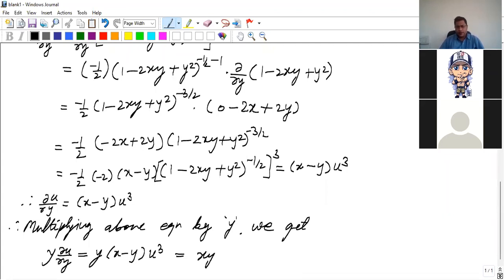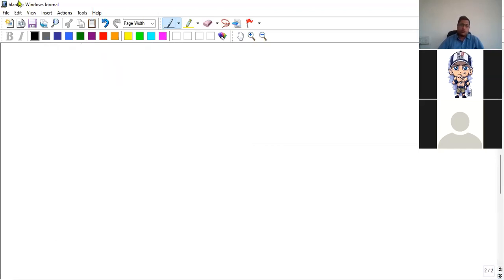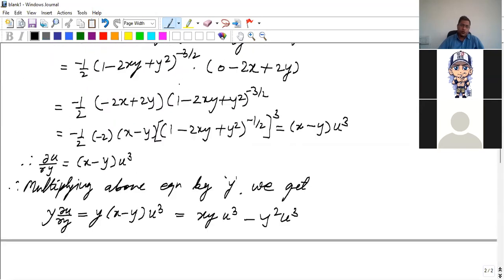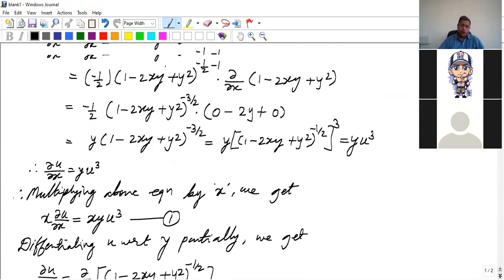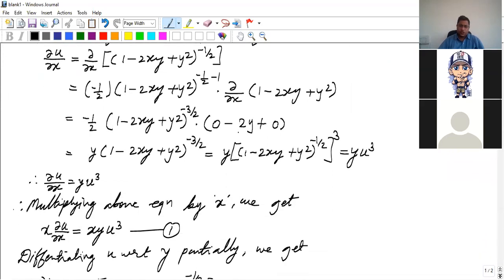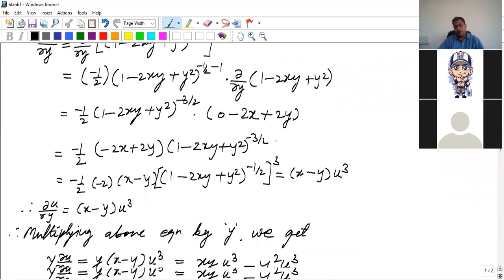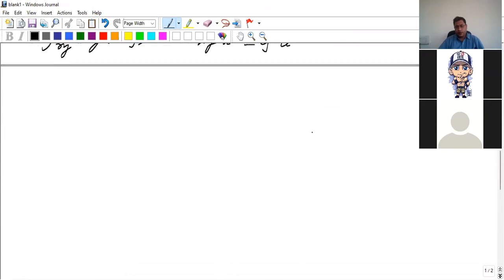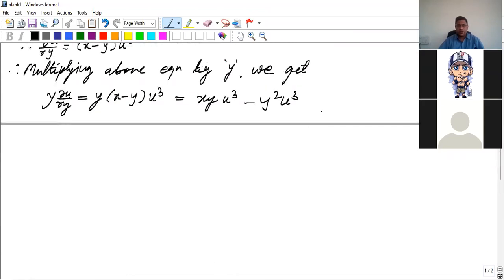So we can write this as x y u cube minus y square u cube. Okay, and I consider this as equation 2. So this is what we wanted, equation 2. You can see here, we have to find the derivative of u with respect to y, then multiply it by y, and this becomes our equation 2. Okay, so we have obtained equation 1, we have obtained equation 2.